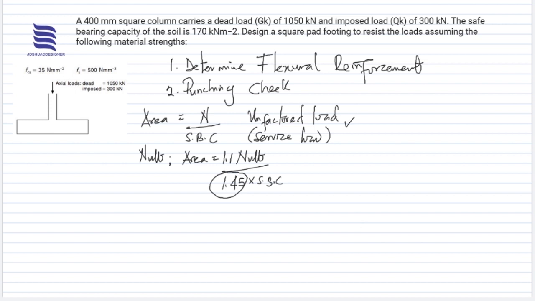Right, so that's simple enough. We know that for the ultimate design load, we have 1.4 GK plus 1.6 QK. So if you obtain a value for this, dividing the value by 1.45 should give you the unfactored load, or something very close to it that you can apply all through.